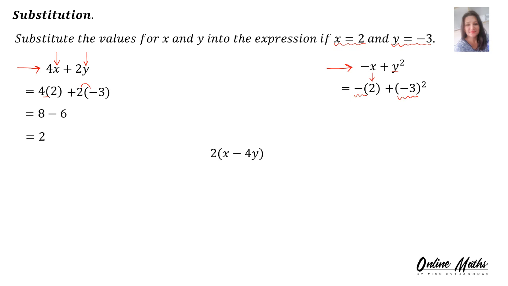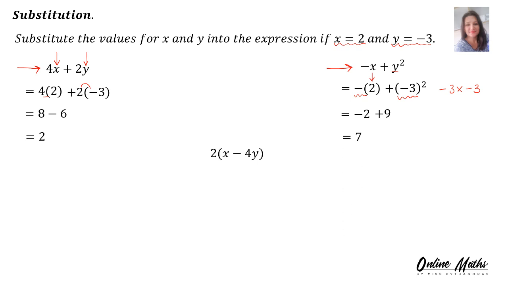And then we will say minus times 2 is -2, and then (-3) squared means -3 times -3, which is plus 9. Minus 2 plus 9 is 7.